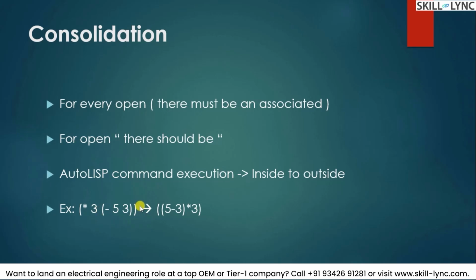In a human readable format, we can decode this as 5 minus 3, and this output is multiplied by 3. So this is how AutoLISP interprets the commands that we are executing.